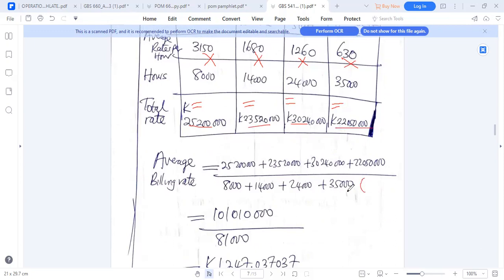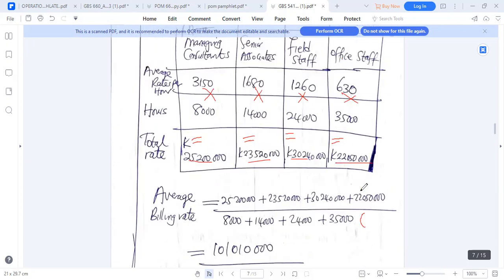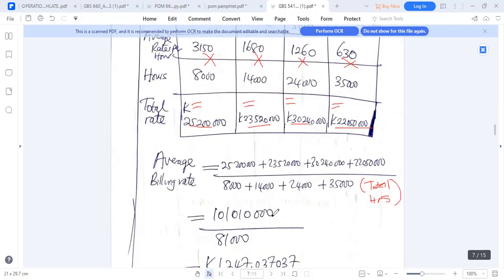These are the total hours. So adding all of these, we get $81,000.